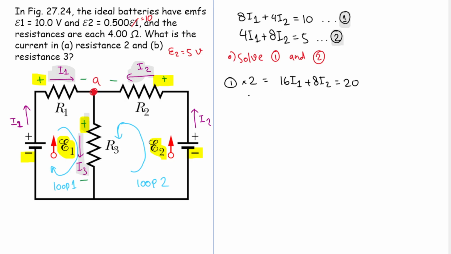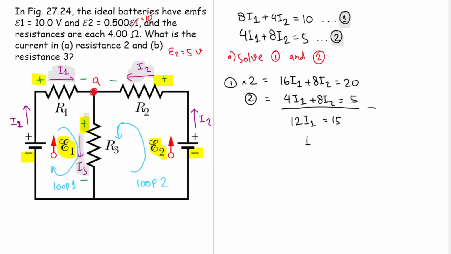And then for the equation number 2, I will leave it as is. So I will have 4I1 and then plus 8I2, and that will equal to 5. Okay, we can subtract that. We will have minus here, so we will have 12I1. That will equal to 15.